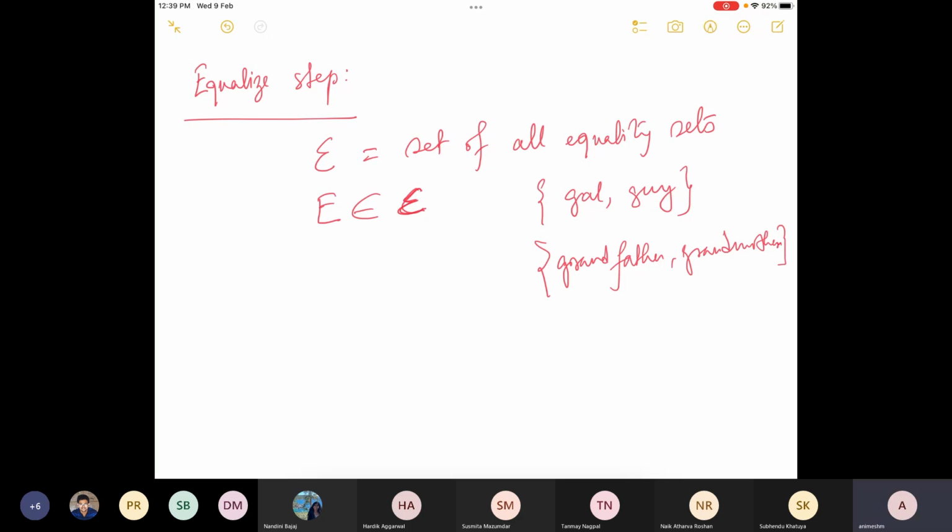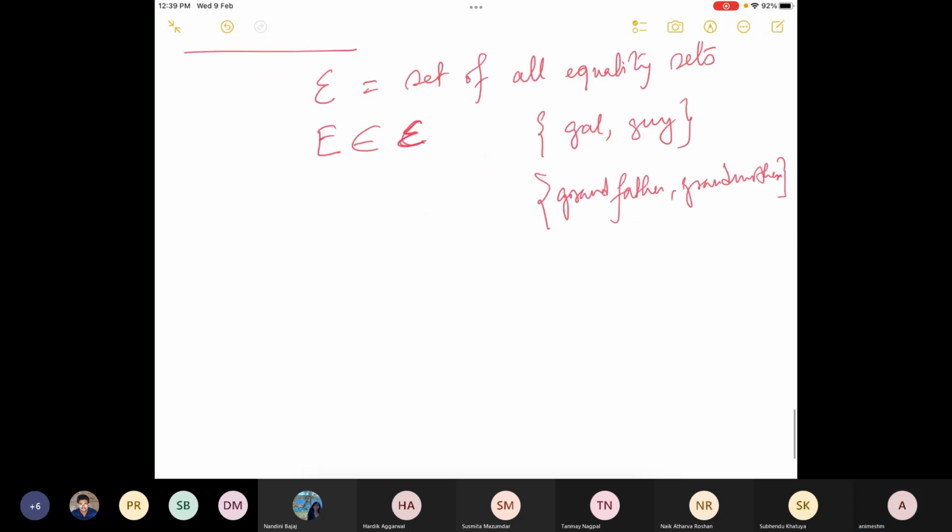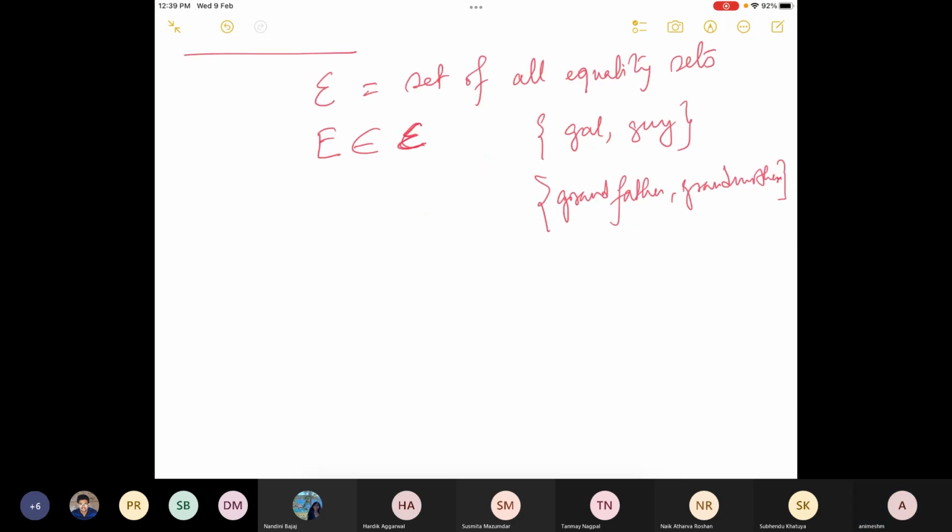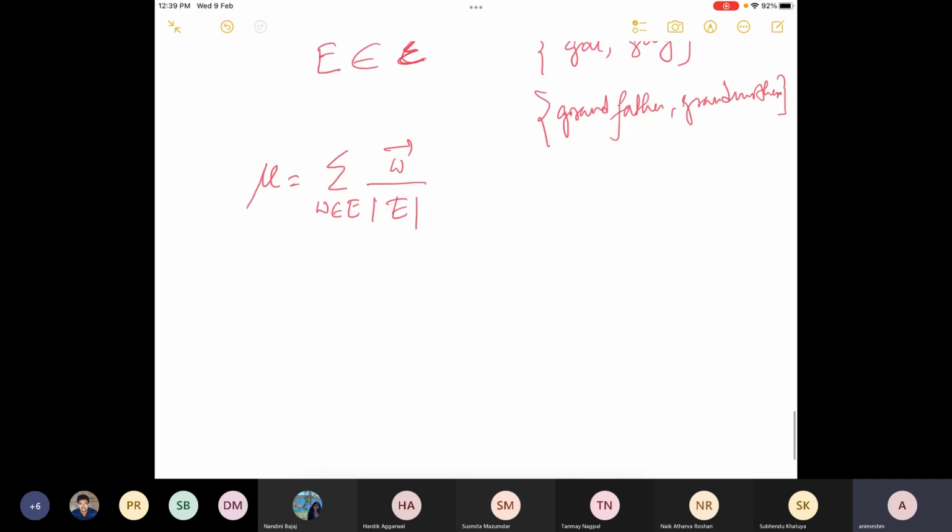Okay, like the example that I had showed you earlier. Here again, we will compute mu, but this mu is on the equality sets now.